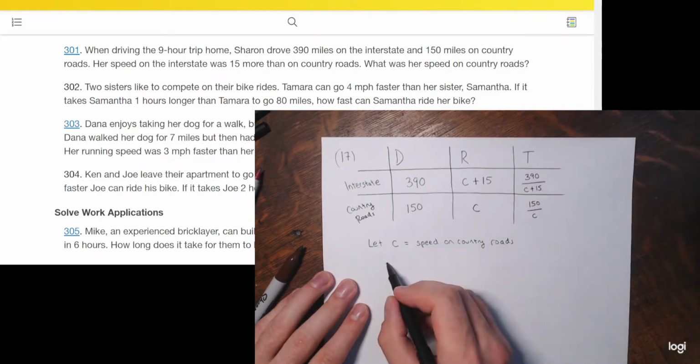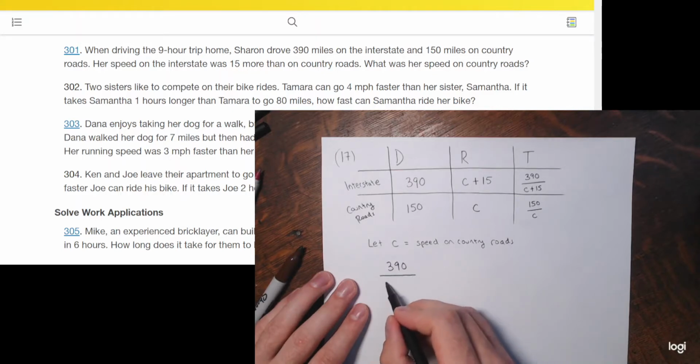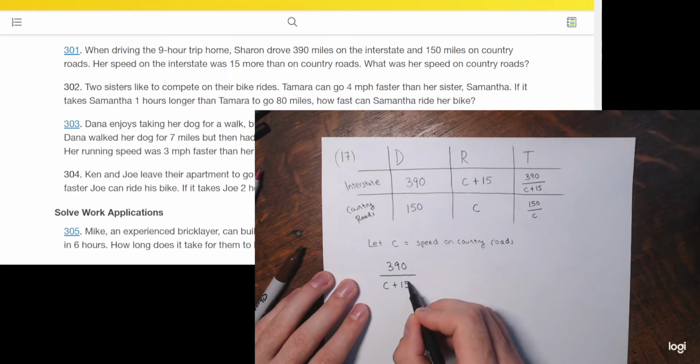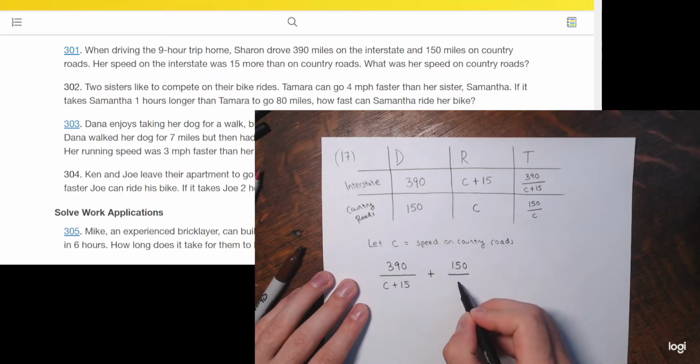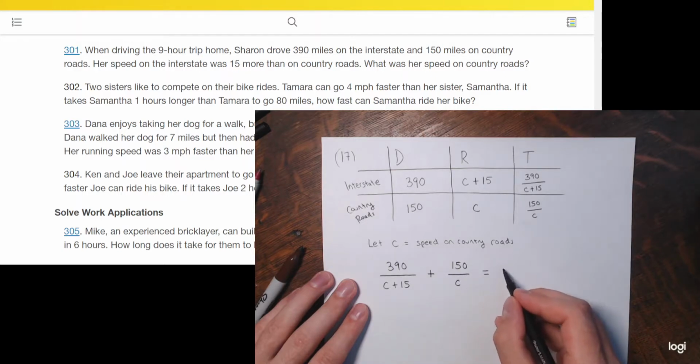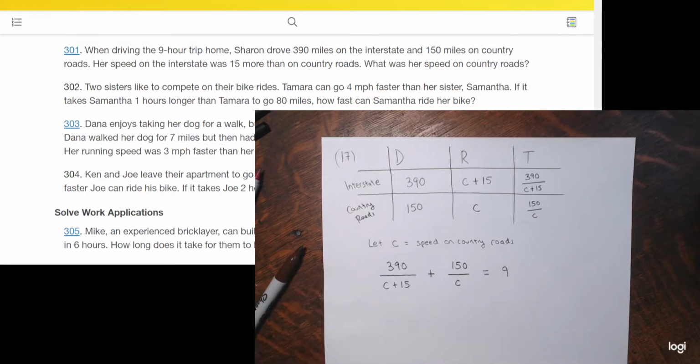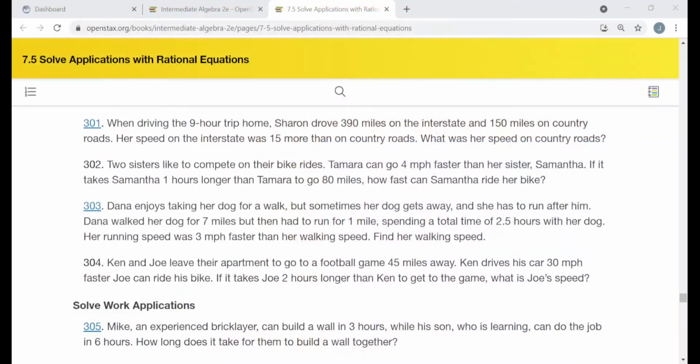So I have the time on the interstate, 390 divided by C plus 15, plus the time on the country roads, right, 150 divided by C should be equal to 9 hours. And then I'm going to make this a little bigger and we'll solve this equation.